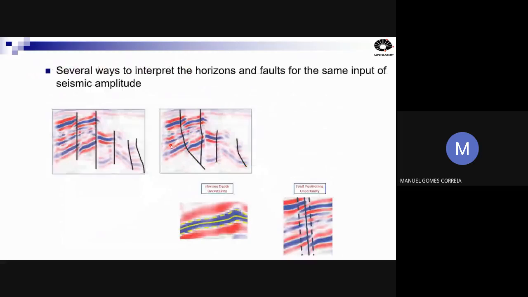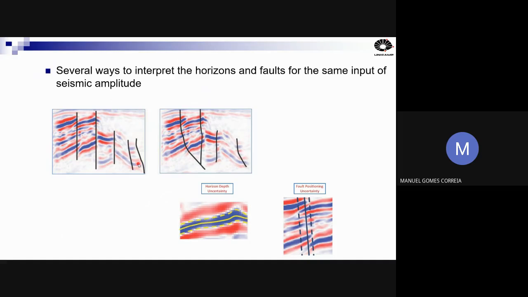Another example of uncertainty is related to seismic. You can see that we have the amplitude here. This map of amplitude is the same as this one, but one person thinks that the faults are here. For the same input image, you can have a geologist who says, no, we can have this interpretation, so the faults could be here, not in this way.